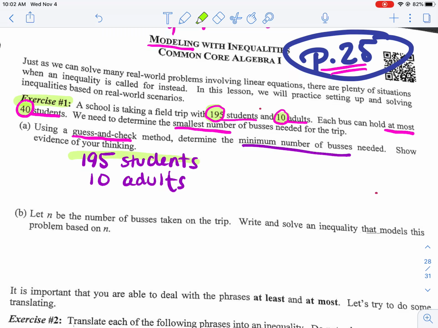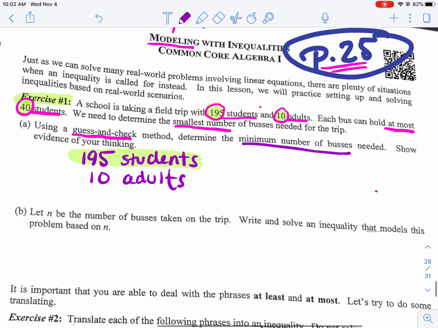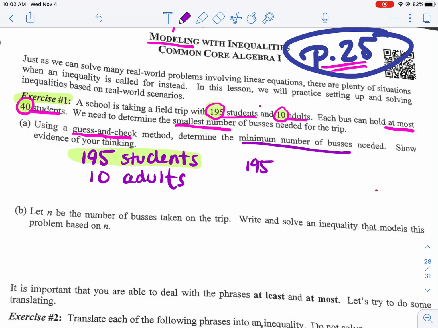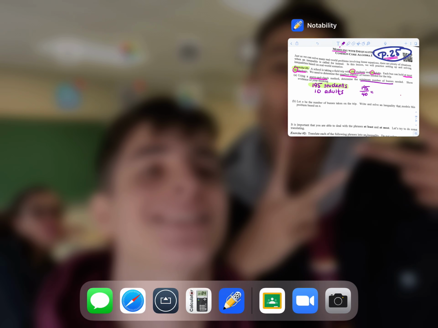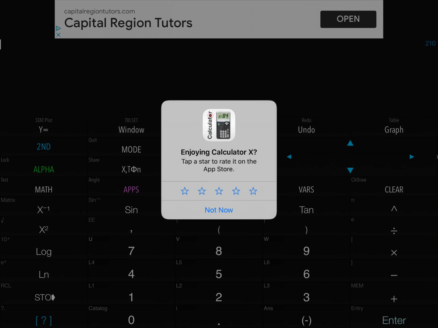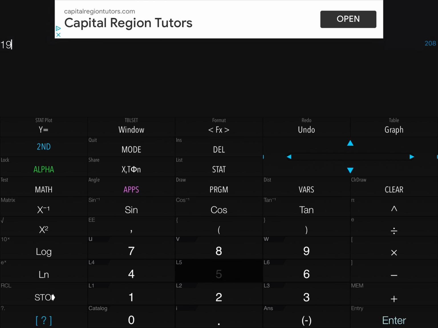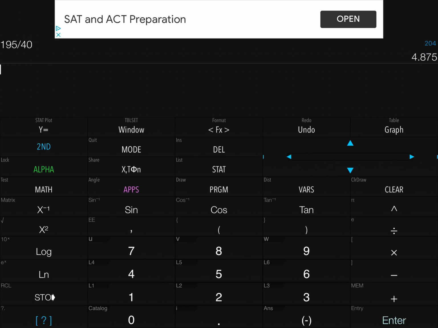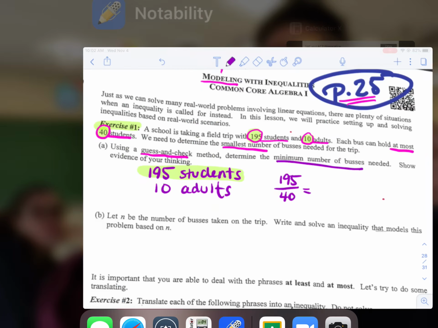The thing we care about is this 195. So we're going to say 195 divided by 40. Let me get my calculator up. We'd really strongly recommend you use your graphing calculator, not your phone calculator. We get 4.875.